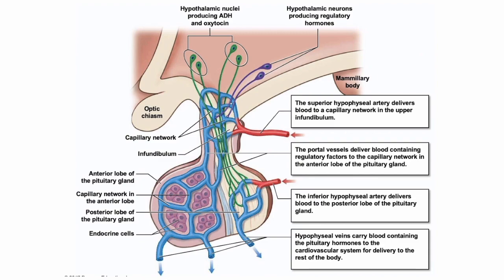Okay, very good. Then we have these purple ones here, these hypothalamic neurons, and these guys produce the regulating hormones. These are like the reproductive ones.